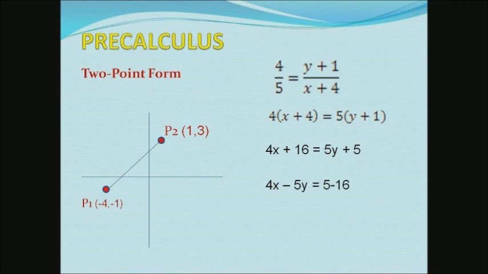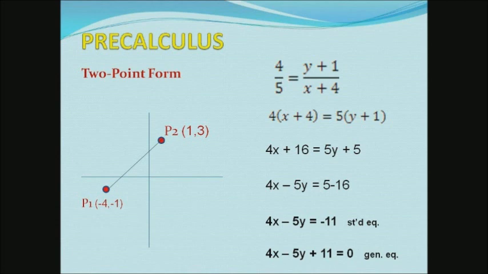And then next step, all the terms with variables on the left side, all the constants on the right side. So we have 4x minus 5y equals 5 minus 16. And then, we can now have our standard equation of the line that will be 4x minus 5y equals negative 11. That is our standard equation.